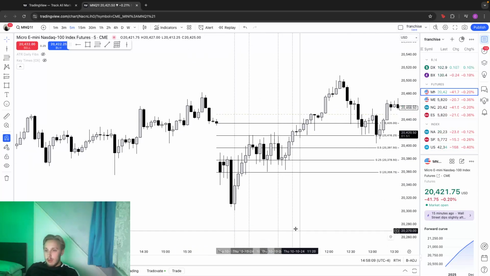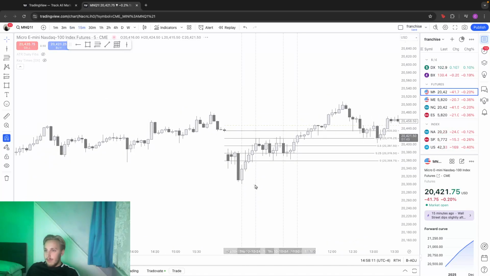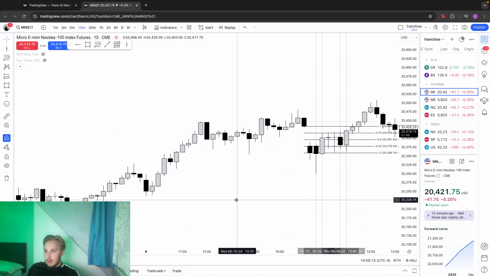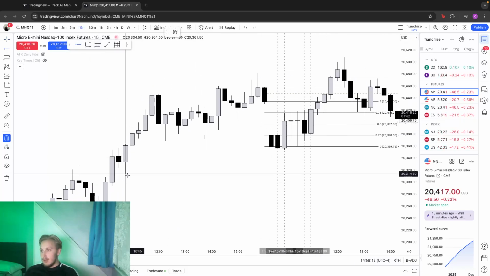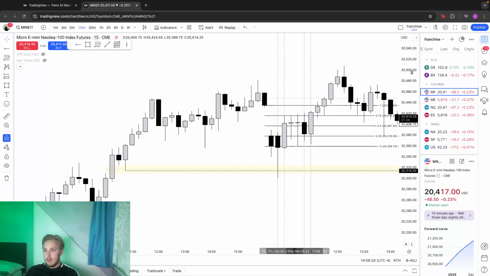But yeah, we'll have a look at regular trading hours to see if there's anything. I see this minor sell side liquidity inside of this BISI.